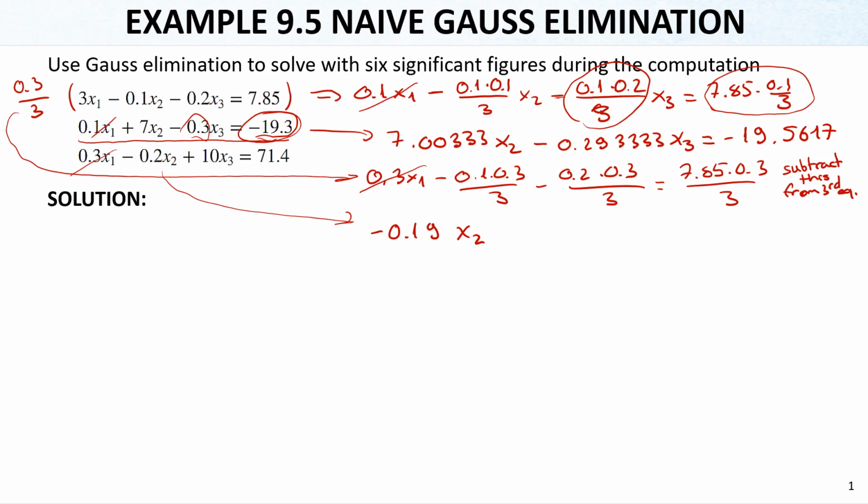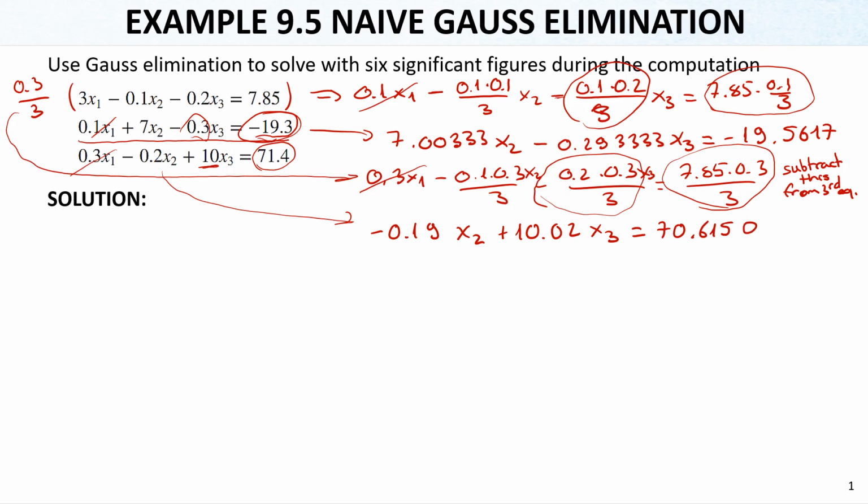For x3, here we have 10 minus, actually these are x2 and x3, I forgot to write these, minus this value, so it will be plus 10.02 x3 is equivalent to, here we have 71.4 minus this value, which gives 7.6150.